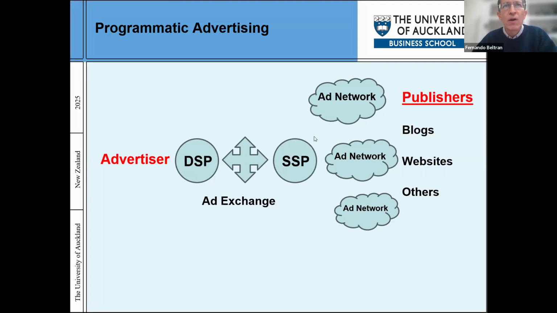This is a very sophisticated chain that is already reaching $900 billion worldwide. Not all that value is traded in auctions, but probably two-thirds of that is happening at ad exchanges, of which Google is the main player.